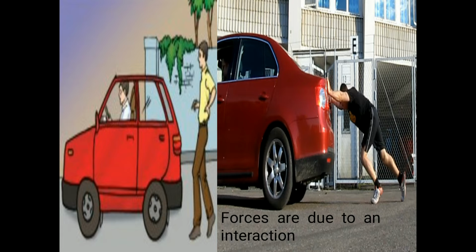The car may begin to move in the direction of the applied force. So, from this example, we can infer that at least two objects must interact for force to come into play. Thus, an interaction of one object with another object results in a force between the two objects. So, forces are due to interaction.